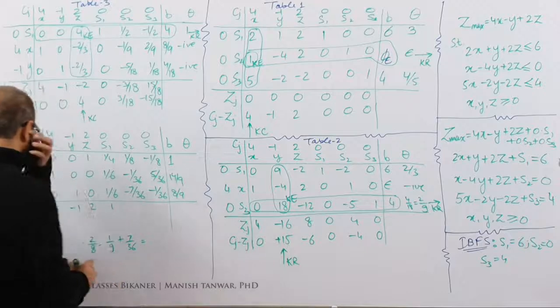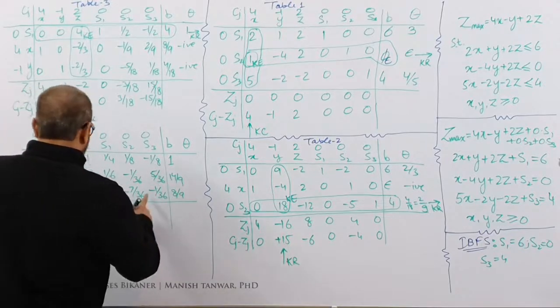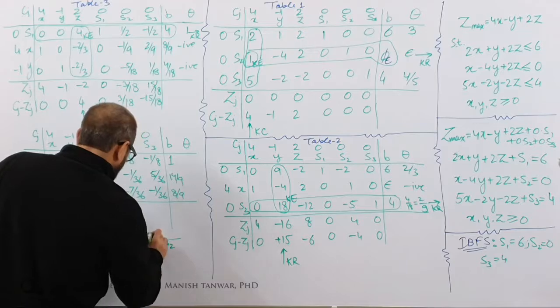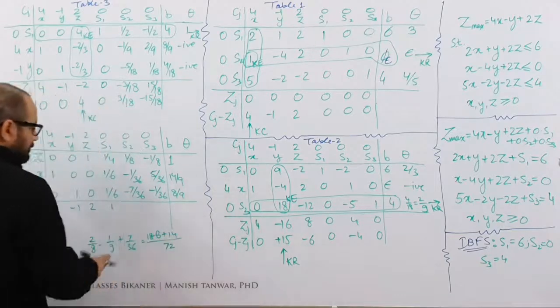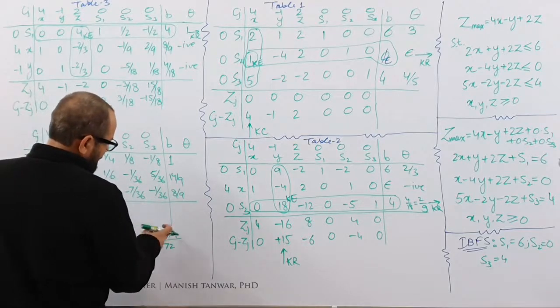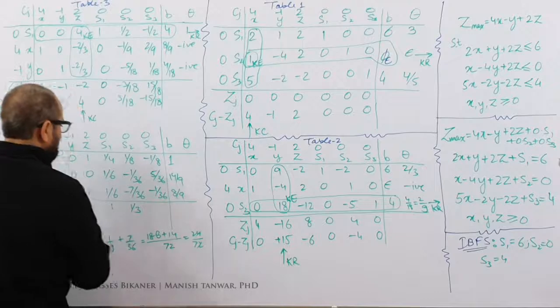Making it 36, 72. 9 2s are 18 minus 9, 8s are 72 plus 14, making it 18 minus 8, 10, 24. 24 by 72 or 1 by 3. So we get a 1 by 3.